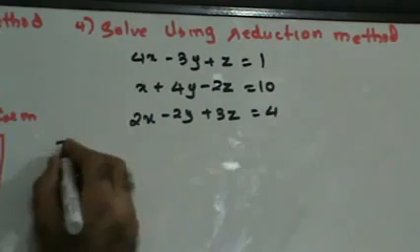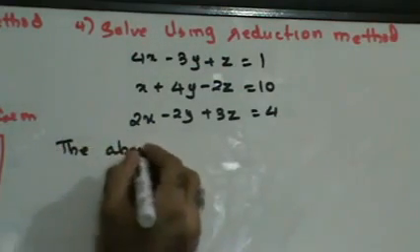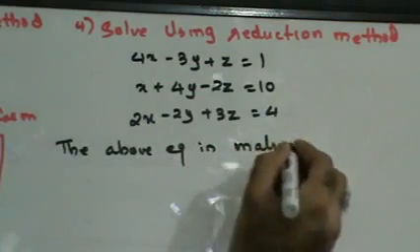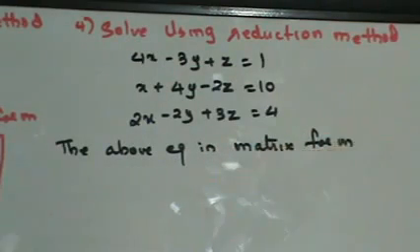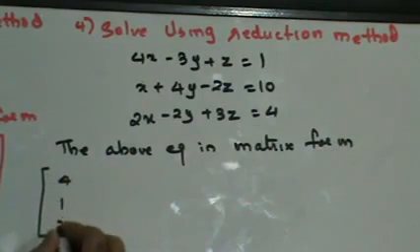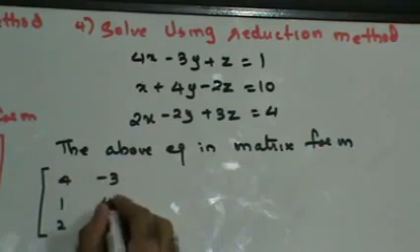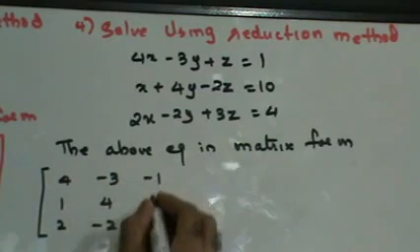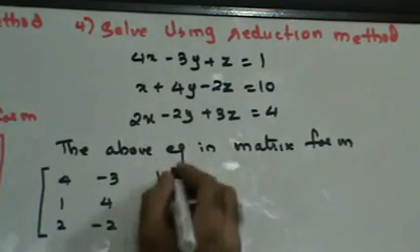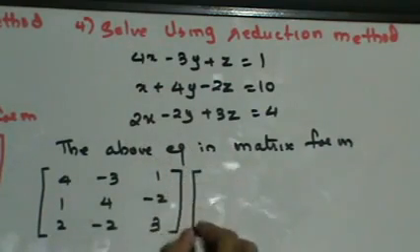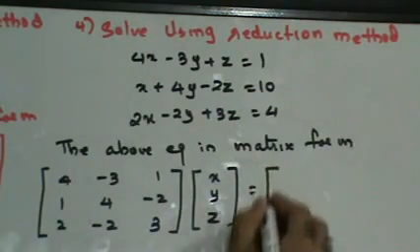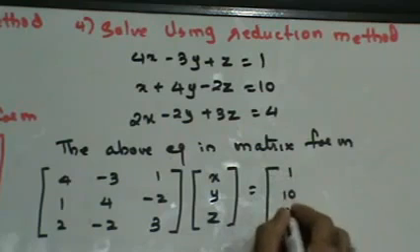I can write the above equation in matrix form: 4, 1, 2, minus 3, 4, minus 2, 1, minus 2, 3, times x, y, z, equals 1, 10, 4.